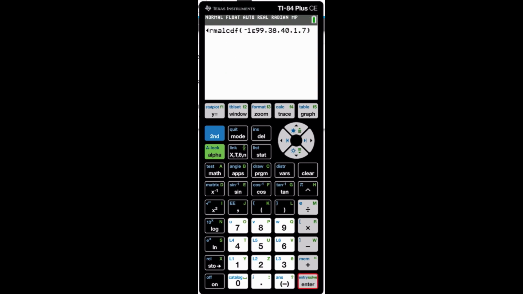Before I go ahead and reveal the answer, remember that just by using the empirical rule, we are already anticipating the answer is going to be close to 0.16. And notice our answer is 0.1197, so it's about 0.12. And that is pretty close to about that 16%. So definitely the empirical rule was able to help us to find a good estimate of our answer.